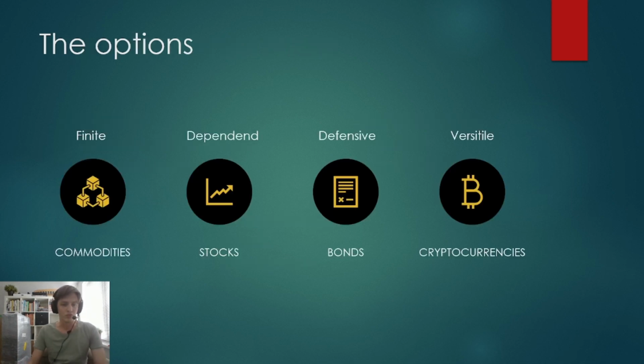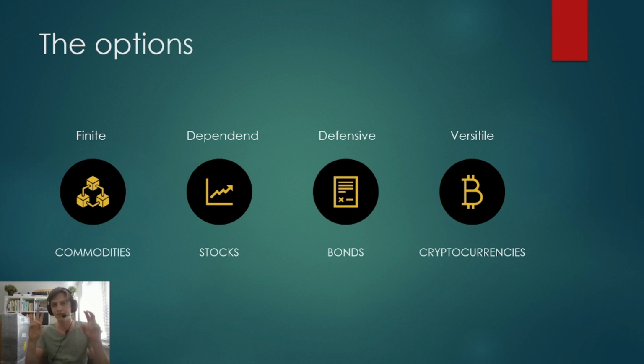So let's look at the options. You have commodities, stocks, bonds, and cryptocurrencies. That's the things we focused on in this thesis. And I've put one word on every one of those types of investments. Finite to commodities. Think about gold, think about oil, think about consumables like grain.